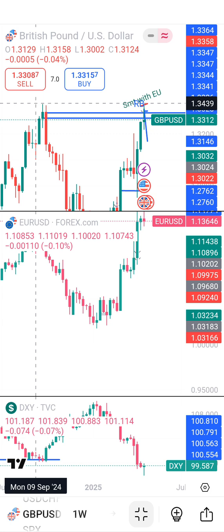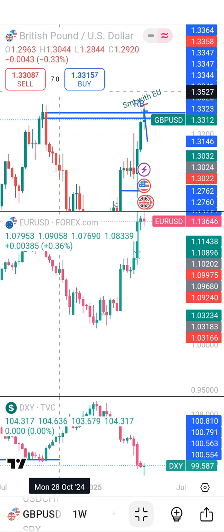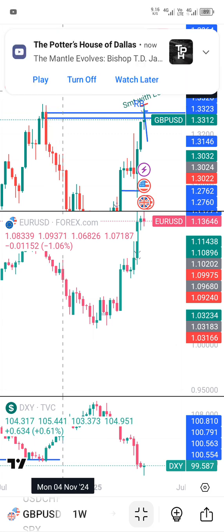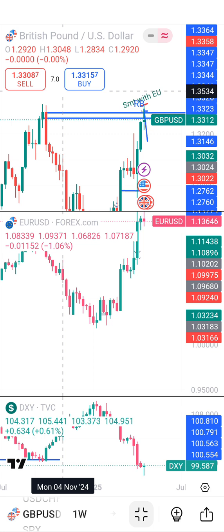So there is an SMT already on the weekly time frame, and also an SMT on the daily time frame. So what can you make out of it? Drop your comment and let's see how it works out for this new trading week.